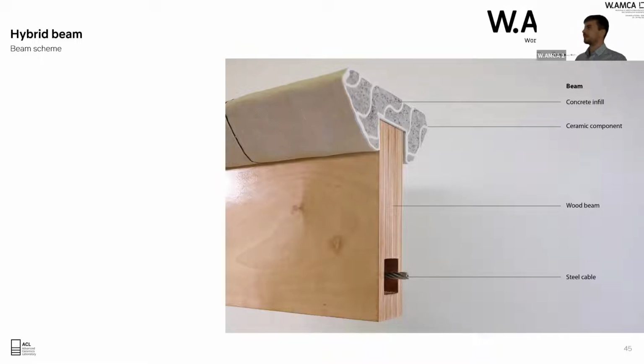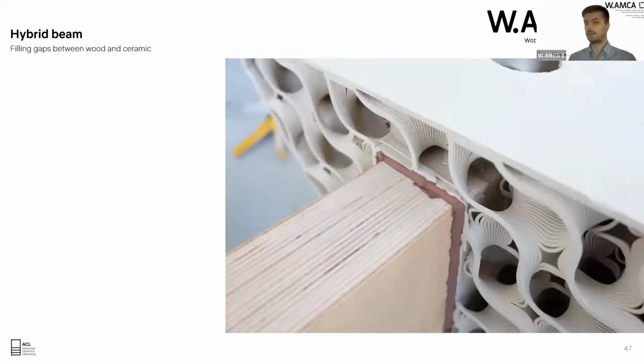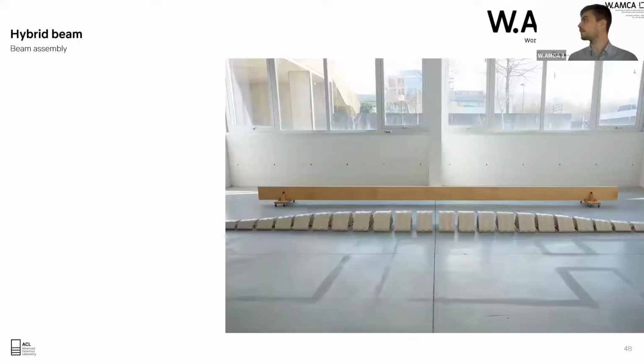Here the concrete serves to reinforce the entire structure and to connect everything, as we are going to see soon. This is how we initially glue the ceramic pieces to the wood. And here, filling the gaps for the concrete to not drain out of the pieces. Now the assembly.